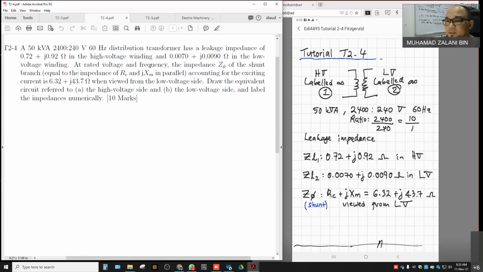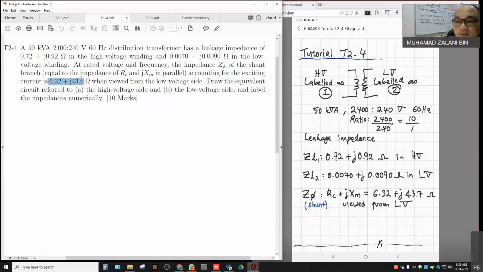At rated voltage and frequency, the impedance Zφ of the shunt branch, which means the parallel branch, equal to the impedance Rc and jXm in parallel, accounting for the exciting current at the shunt branch, is 6.32 plus j43.7 ohms.